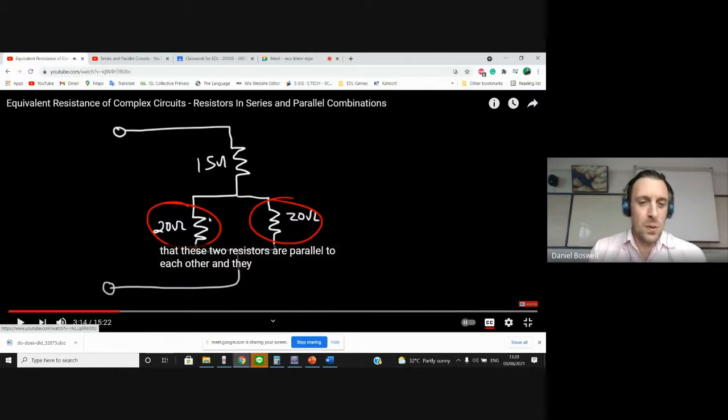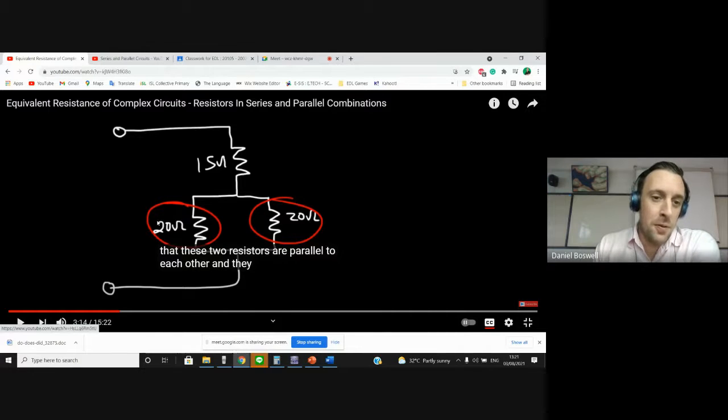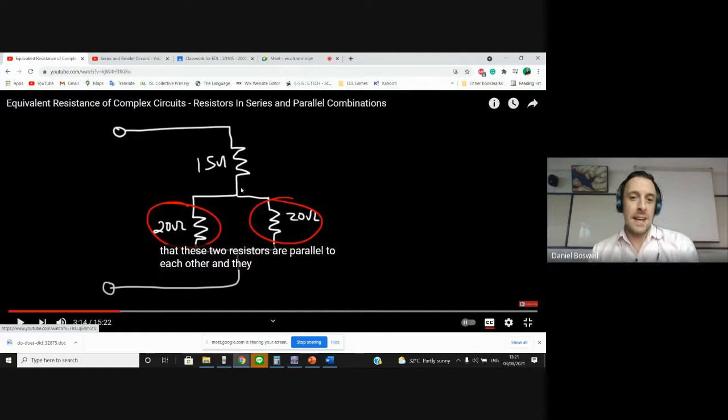So first, what we do is we find the resistance of the parallels, so we can turn it into one resistor here. We know if the two resistors in parallel equal the same value, half, good. So half of 20 is 10. Good job. That then turns us down to this.